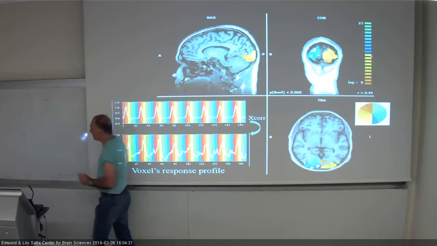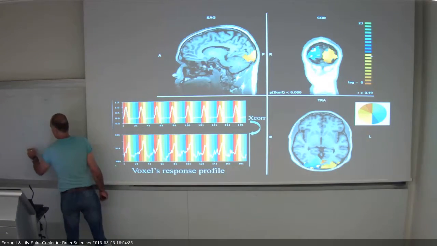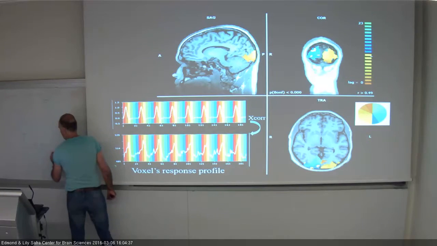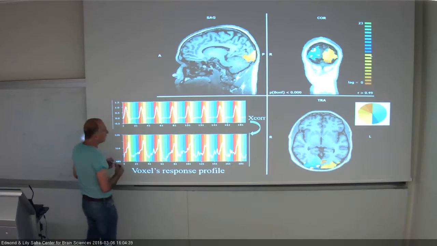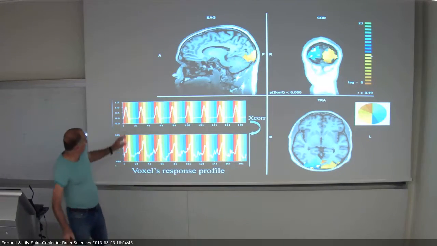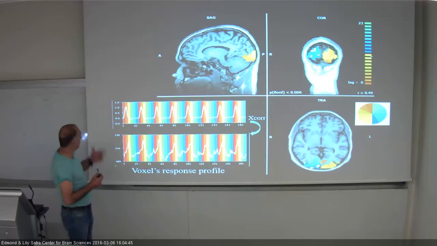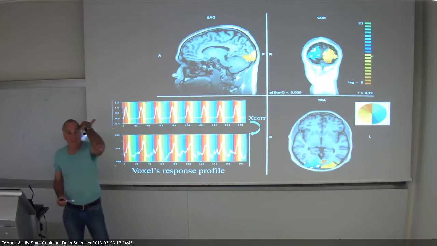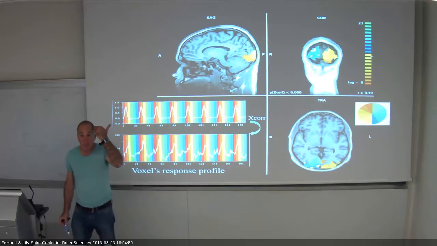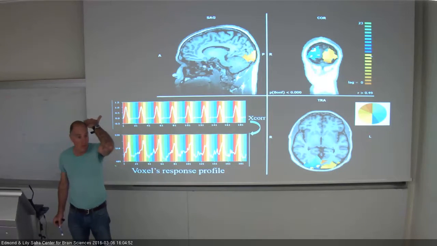And typically this lag would be 1, 2, 3, 4, and so on. The numbers here correspond to what's called the TR, the time of repetition. So we go back to the same slice typically every 2 seconds. We scan the brain slice by slice, and once we get to the last one, we go back to the first one.